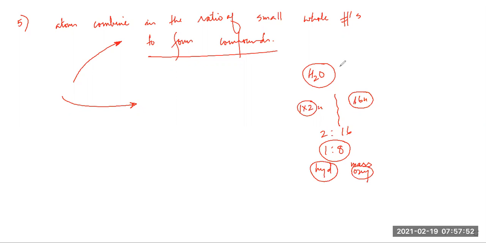Very interesting. It means there is a definite proportion. This cannot be 1 is to 7, this cannot be 2 is to 9, this cannot be 1 is to 10. It will always be 1 is to 8.